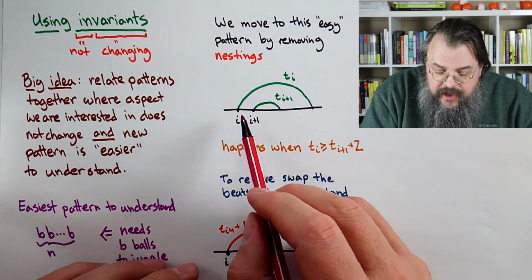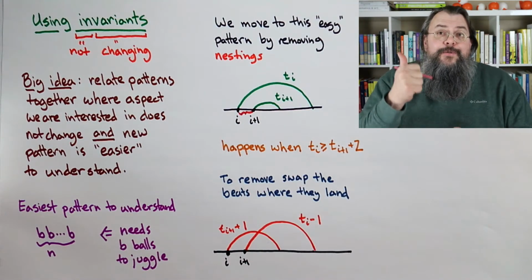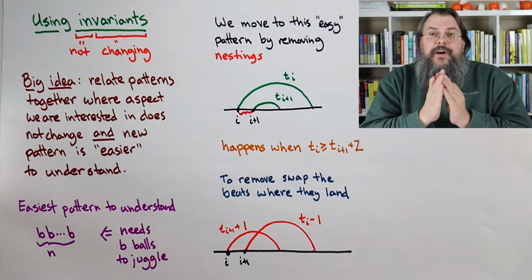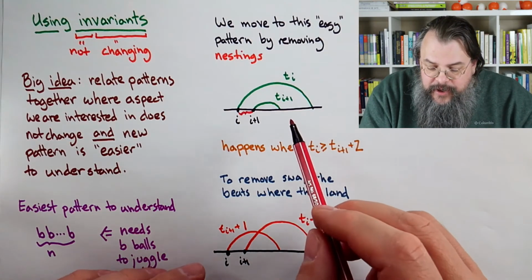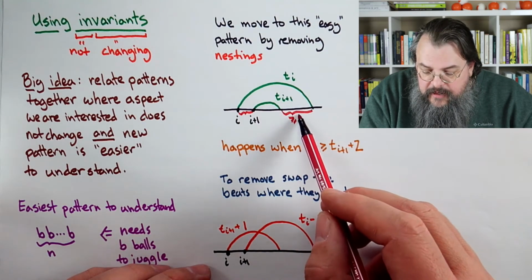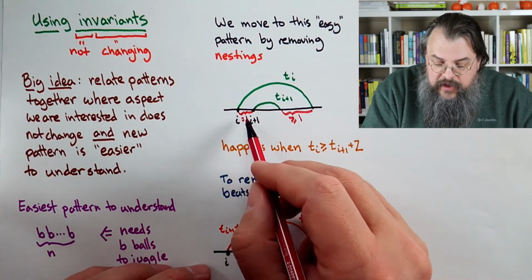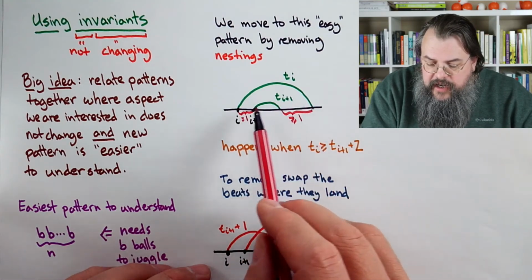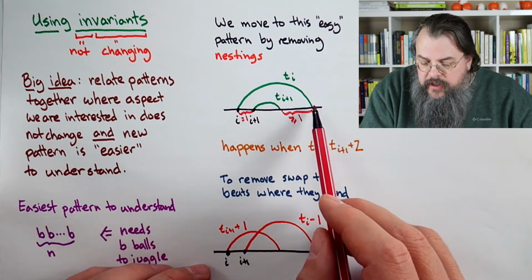Well, notice here, between i and i plus 1, you have exactly one beat, because we've gone from i to i plus 1, one beat. On the other hand, if we look at the landing time, well, this is at least one, possibly more. And so, if we think about the throws, the throw at beat i is measured by the distance from when we throw it to when it lands.